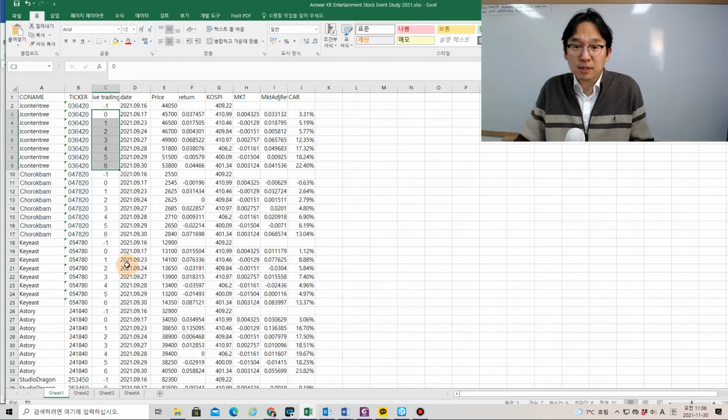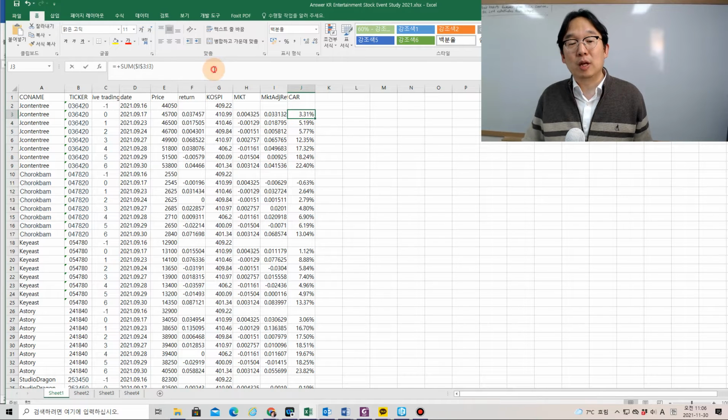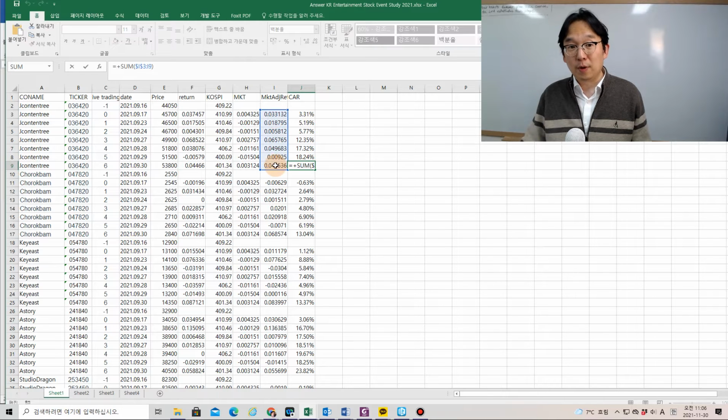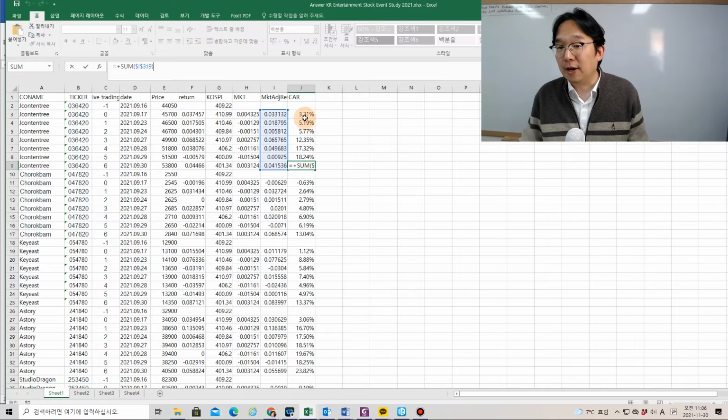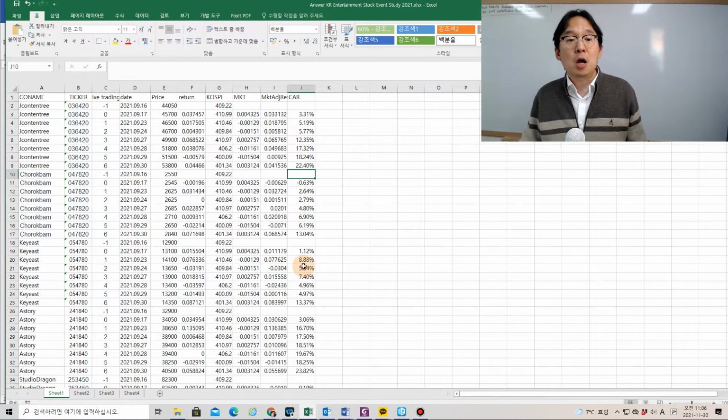This is it. And then the cumulative abnormal return is accumulating it, starting from day 0 and all the way up. On day -1, there's no abnormal return, because you are not able to calculate the return itself there. Naturally, it's going to be 0 anyway. That's a starting point.